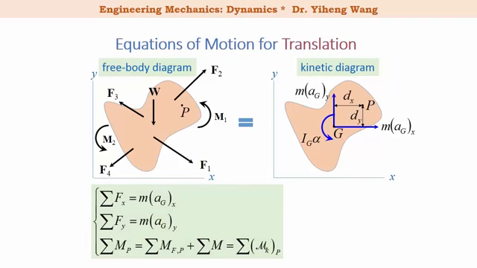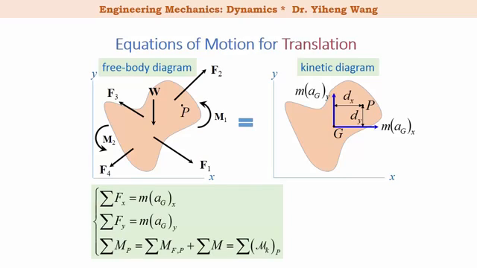If the rigid body is undergoing translation, which means that the body is not rotating about any axis, therefore, the rotation term I_G alpha disappears from the kinetic diagram.